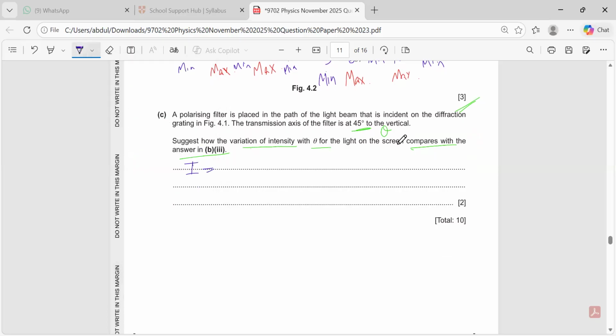First of all, let's see the variation of intensity. Intensity I is equal to I naught cos square theta. So I naught cos square 45, that answer is equal to 0.50 I naught. It is reduced to half.